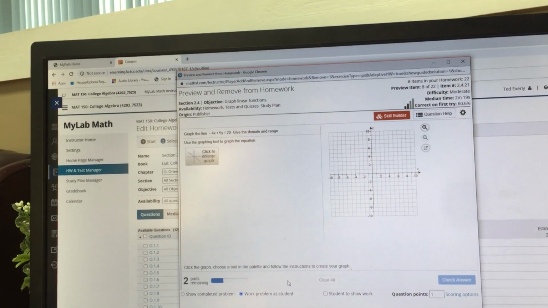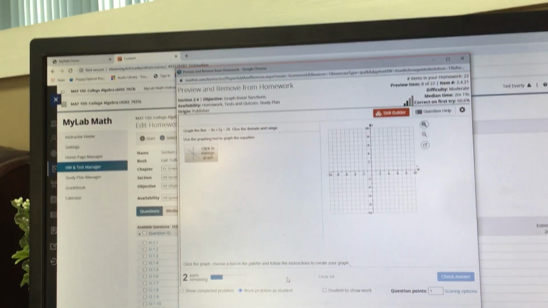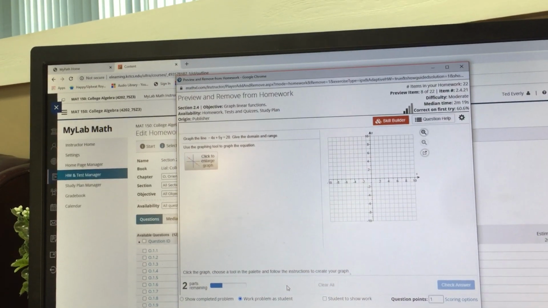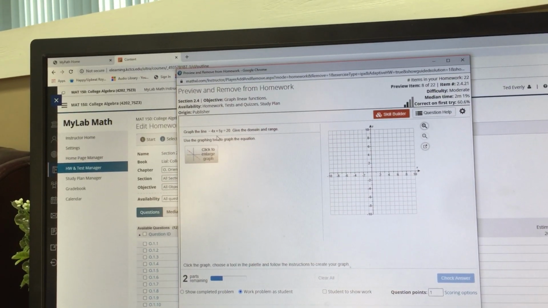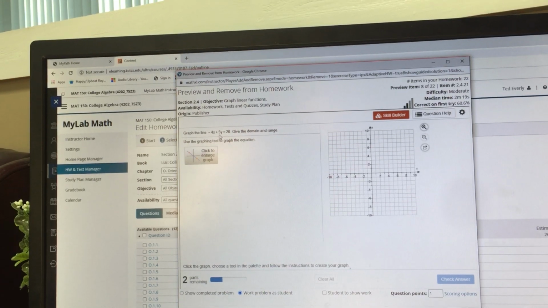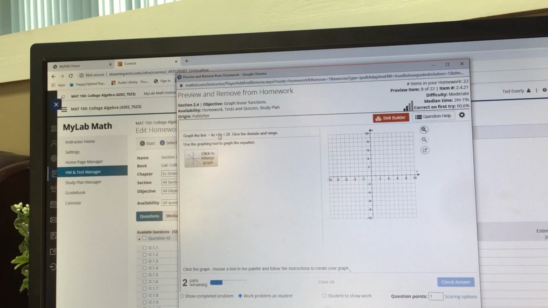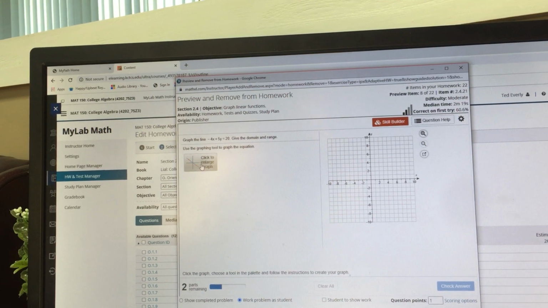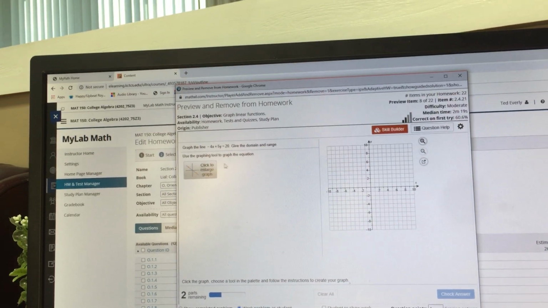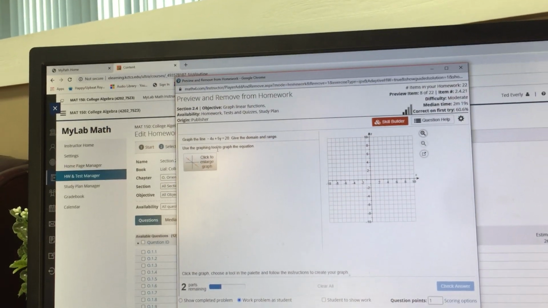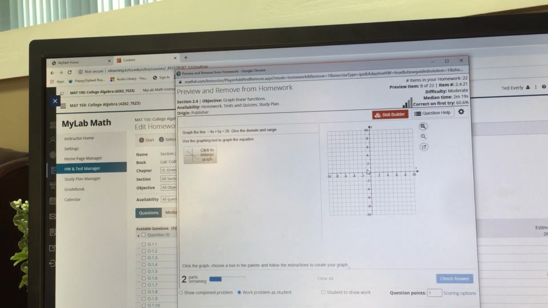Okay, now this one here is a little bit different. It's got negative 4x plus 5y equals 20. This is actually what's called a standard form of linear equation. So I'm going to click the box.